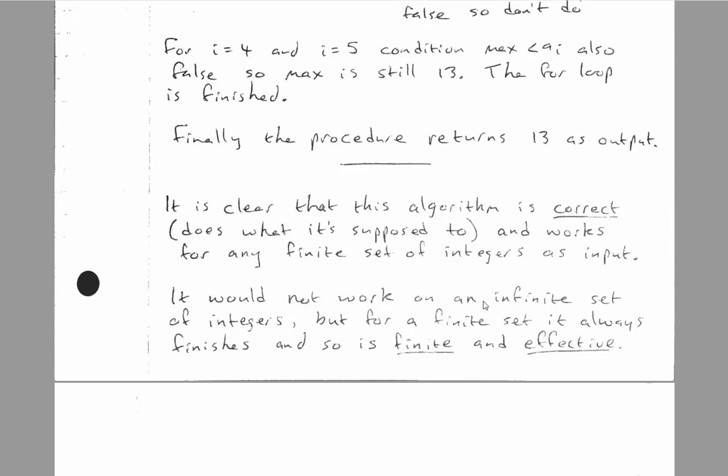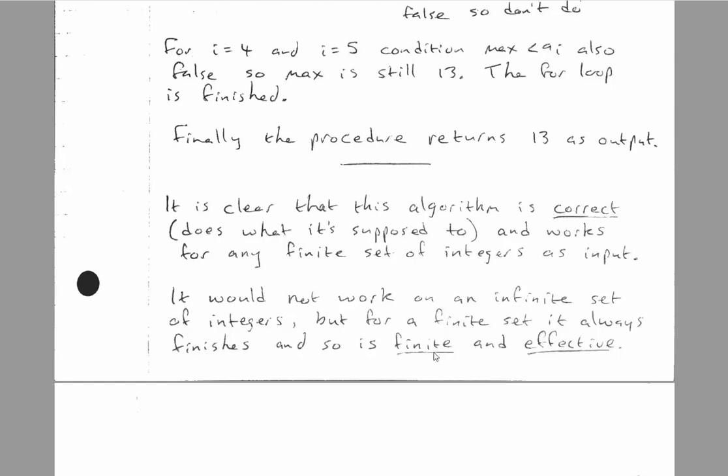Of course, if you try to give it some kind of infinite list, then the procedure might try to keep going forever, so that wouldn't work. But if you give it a finite list, then the procedure definitely finishes.